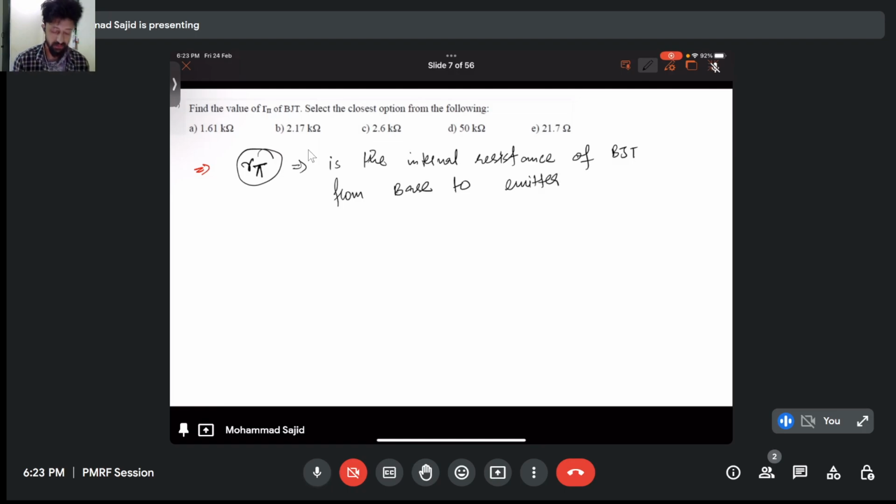We will draw the equivalent circuit in the last slides, then we will see why R pi fits in. Okay, for the time being, just say that R pi, if you go by Ohm's law, will be V in by I B. We can say that it is the input resistance of the BJT, right?